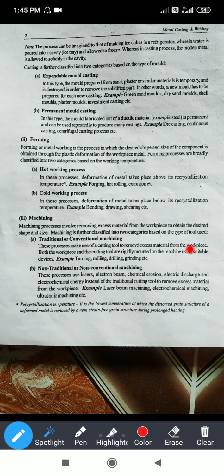It is heated only so that the crystal position can be changed within the metallurgical structure of that workpiece. At that temperature it is heated, and the load is applied from the other side or the top side, whichever is convenient for the extension of that workpiece. The workpiece is then formed or extended.